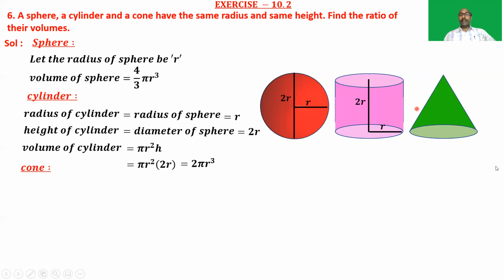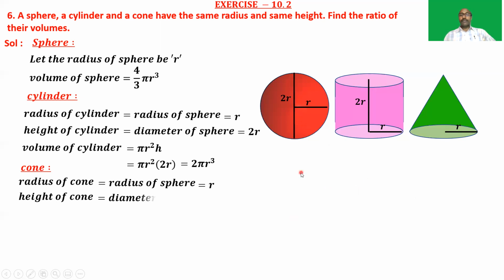Now consider the cone. Here also the radius of the cone is the radius of the sphere. We have taken the radius of the sphere as r, so the radius of the cone is also r. Now the height of the cone is equal to the diameter of the sphere, which is equal to 2r. Now the volume of the cone is 1 by 3 pi r square h.